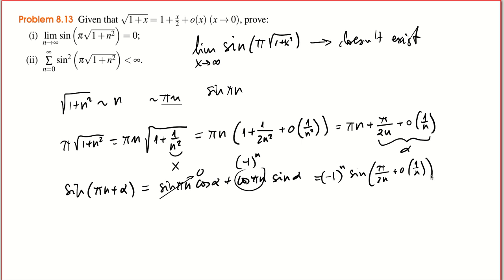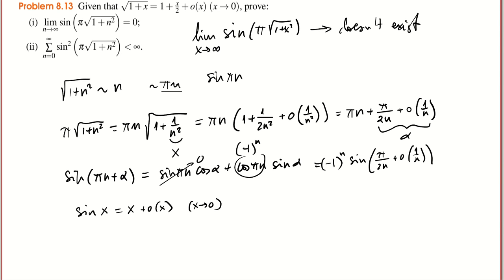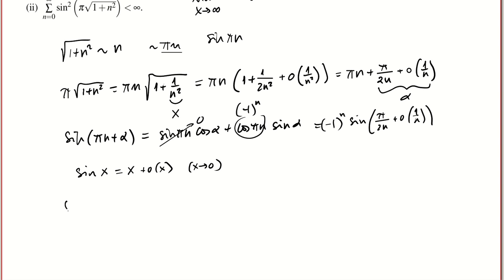Now this is the sine of an argument that goes to 0, because when n goes to infinity, this goes to 0. And remember, the sine of x is equal to x plus o of x when x goes to 0. So we can use this here, and then the sine of pi times the square root of 1 plus n squared becomes minus 1 to the n, and then the argument, so pi over 2n plus O of 1 over n, and then o of x.